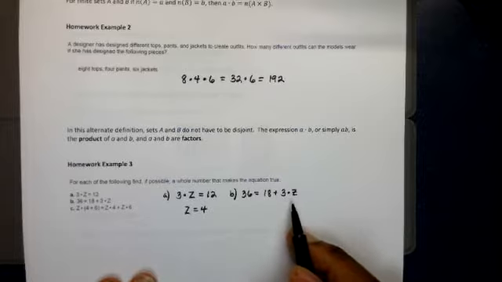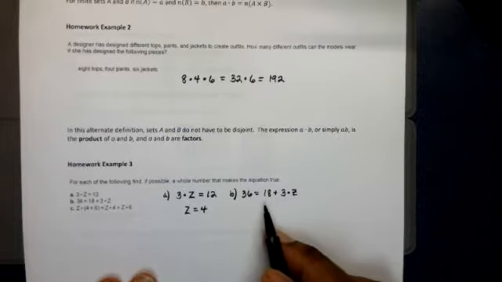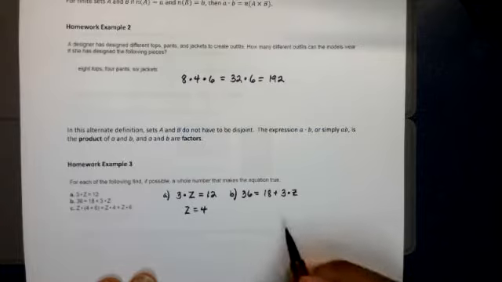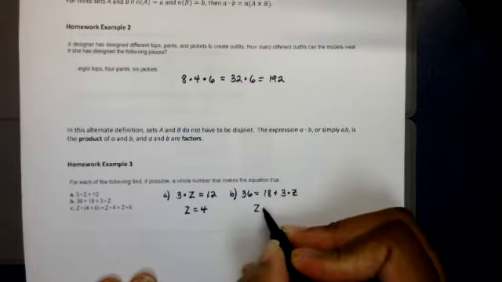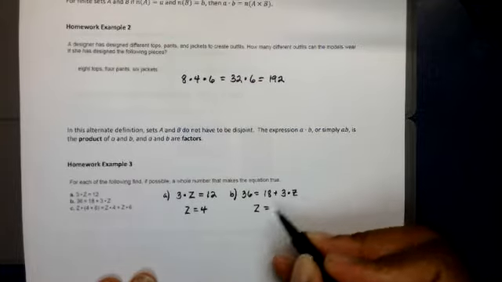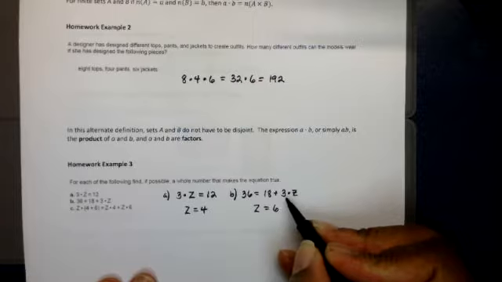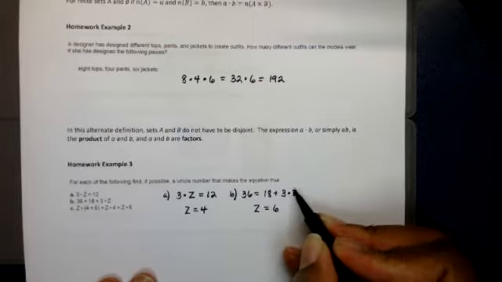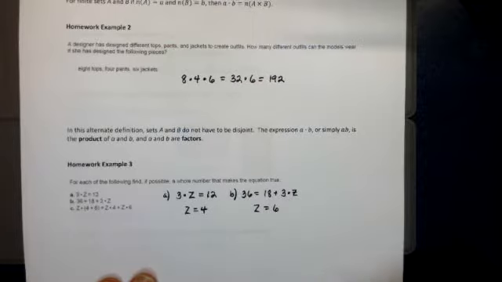Try to think of 3 times what number, and then add 18 to it. That will give you 36. Well, if I try 6, it'll be 3 times 6, that would be 18. 18 plus this 18 will be 36. So that number there would be 6.